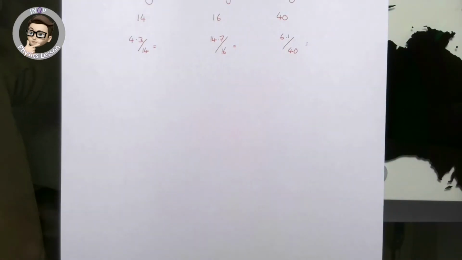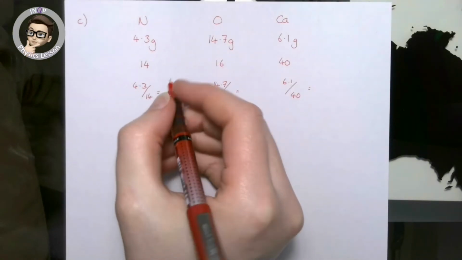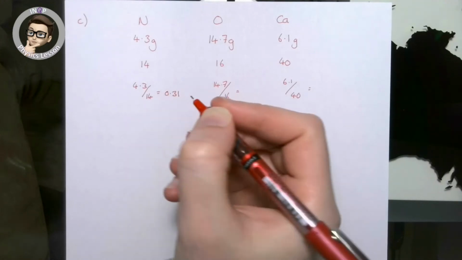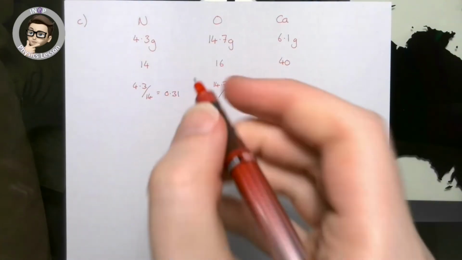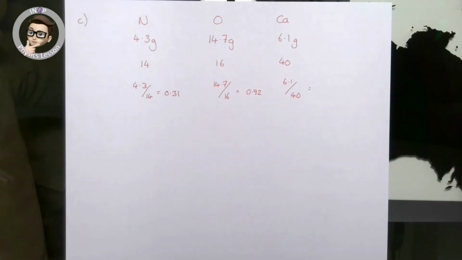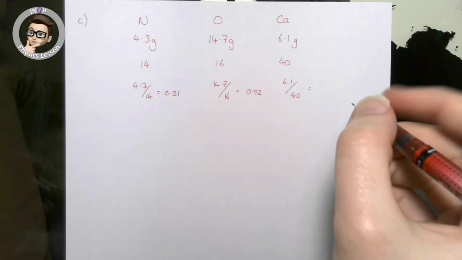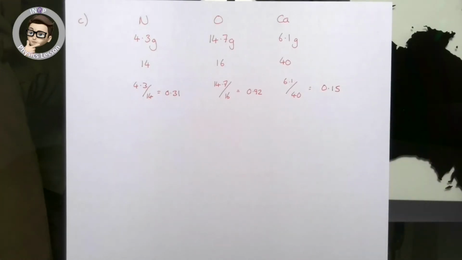If I do those three calculations, 4.3 divided by 14 gives me 0.31. 14.7 divided by 16 gives me 0.92. And 6.1 divided by 40 gives me 0.15. So the smallest is 0.15.